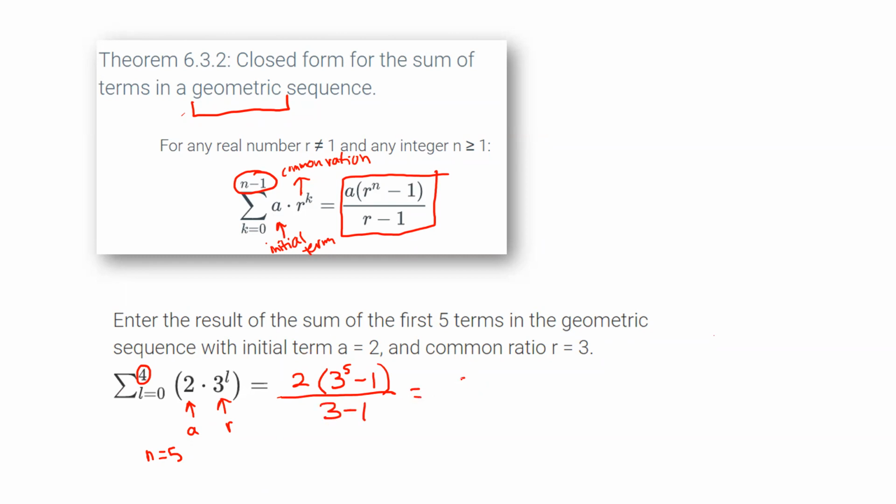And so that would be a 2 times 243 minus 1 over 2. 3 minus 1 is a 2. These 2's cancel, and I get 242. So that would be my answer for that one.